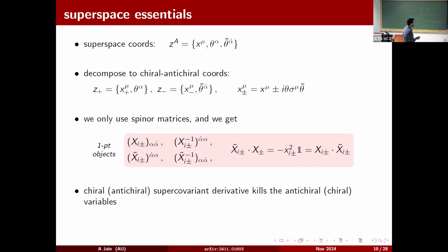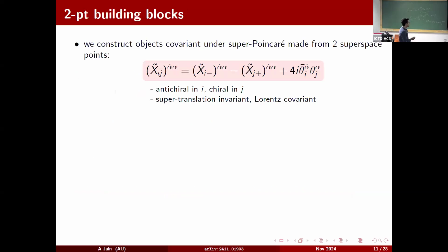Since I can already create a scalar out of them, exactly like this, I can also create the inverses. These chiral and antichiral coordinates are such that they're annihilated by the antichiral and chiral super covariant derivatives.